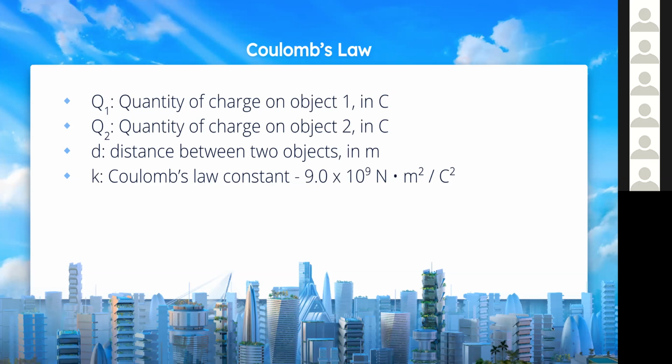So Layla's question for those of you who are in the chat, does the distance make the force smaller because the further you move with the electricity, the more energy you lose along the way? Or is it because the objects are far apart, so the force is just smaller? It's really more of the second. Just like with gravity, the further the distance between those two objects, the less the gravitational force between those two objects.